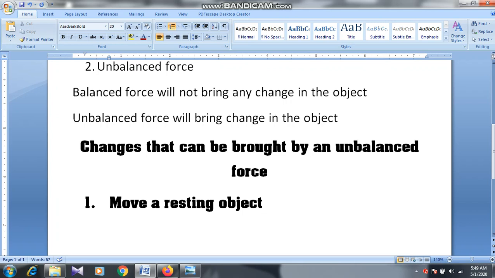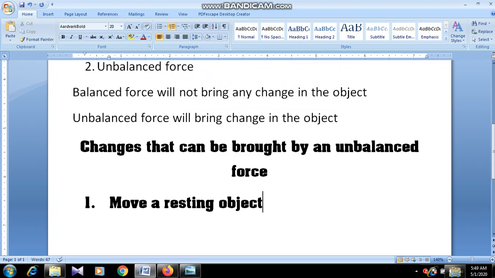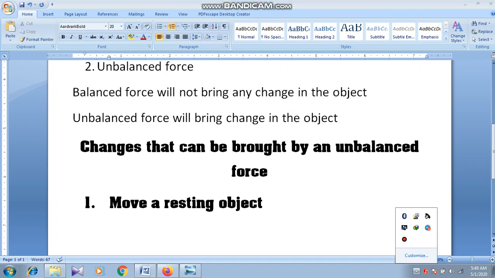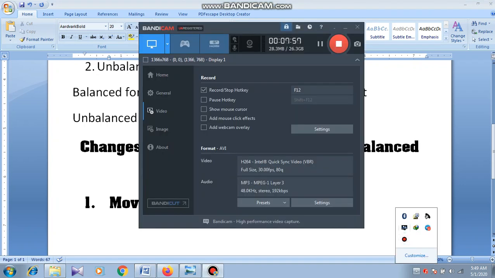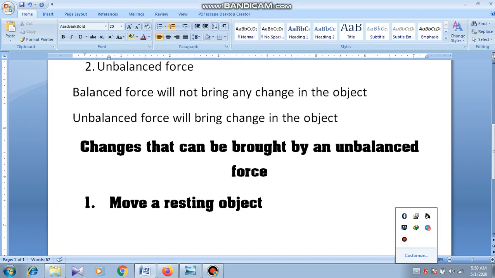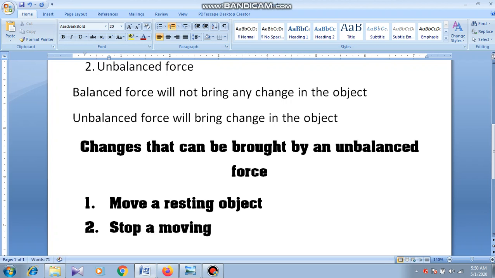Five people try. Now the bus is moving. Bus is moving means unbalanced force is working. So you can move a resting object using an unbalanced force.